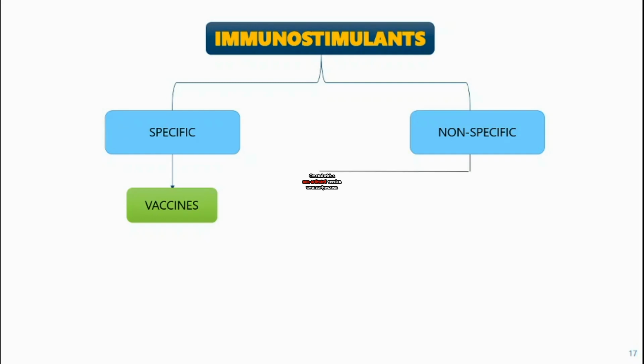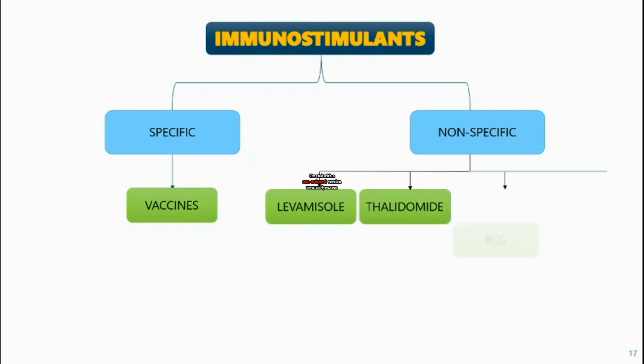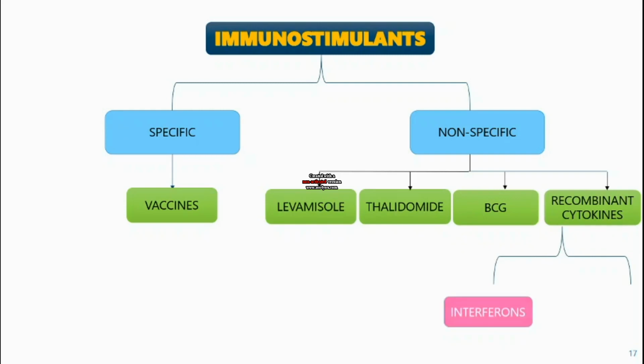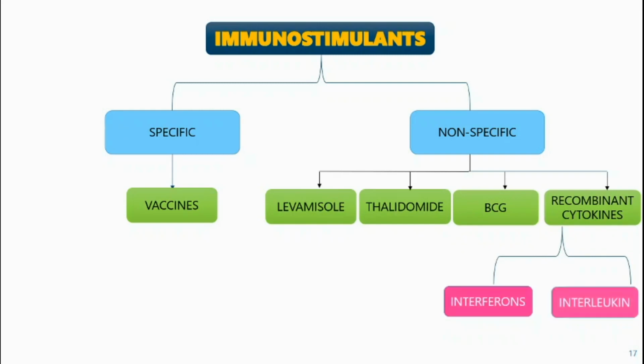Examples are levamisole, thalidomide, Bacillus Calmette-Guerin, and recombinant cytokines. Recombinant cytokines are of two types: interferons and interleukin-2.